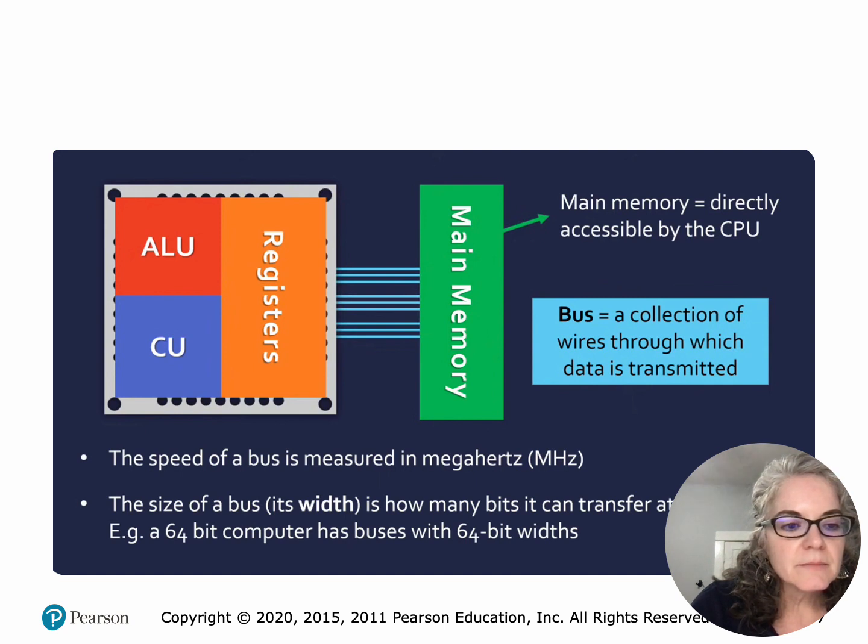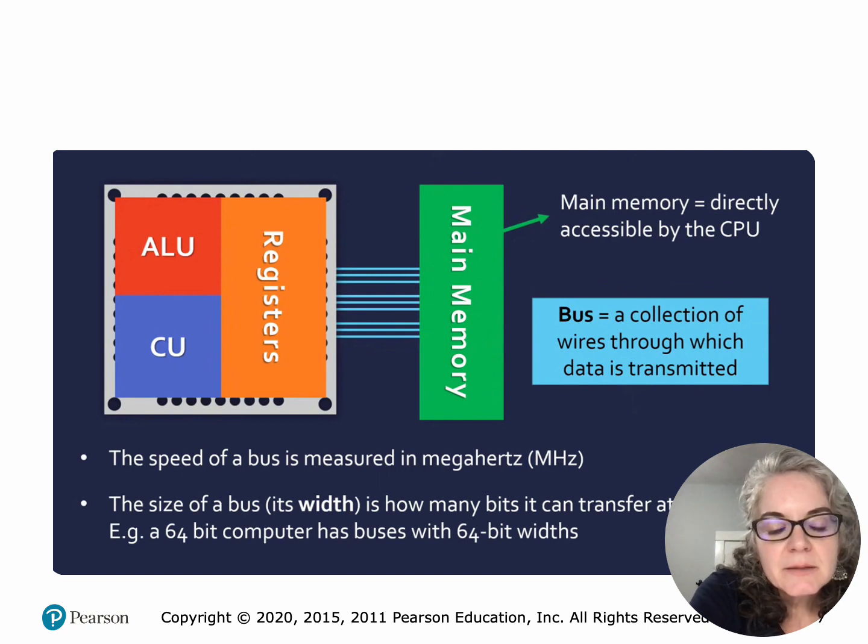So here's a closer picture of our CPU. Here's main memory, which directly accesses the CPU, and it does this through buses.